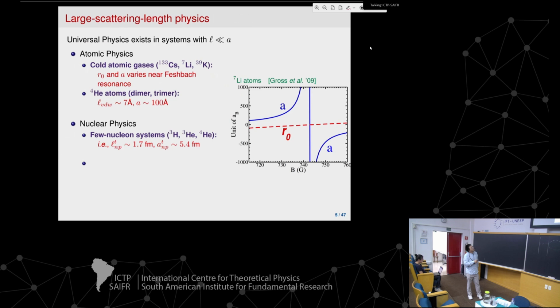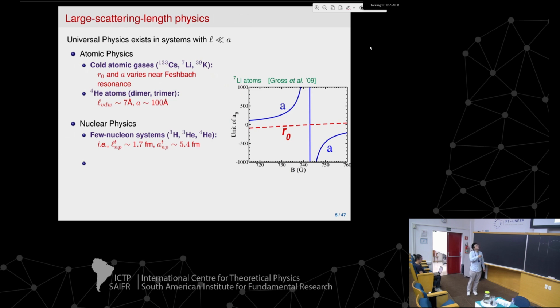Then it shows some behavior as universal physics, and in tomorrow's talk I will mention some ephemeral physics related to that. For helium atoms, the range of interactions is basically the van der Waals interaction.